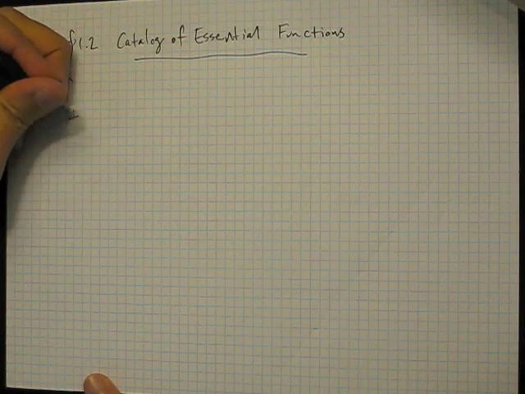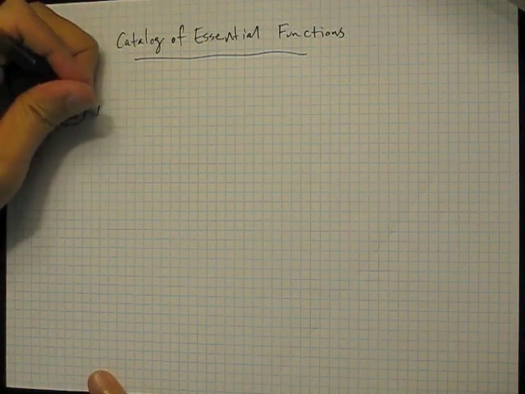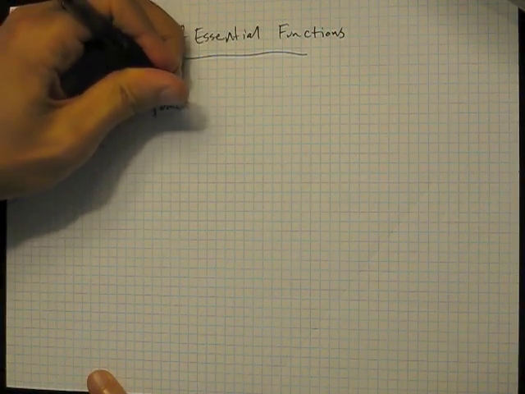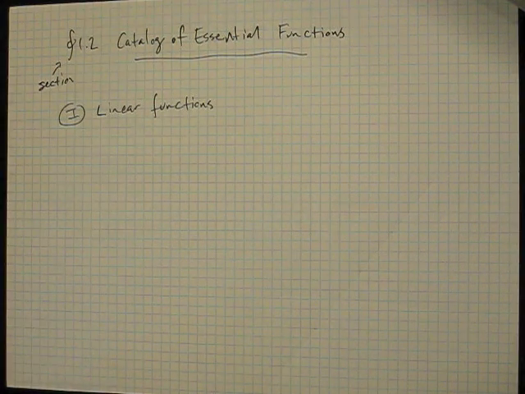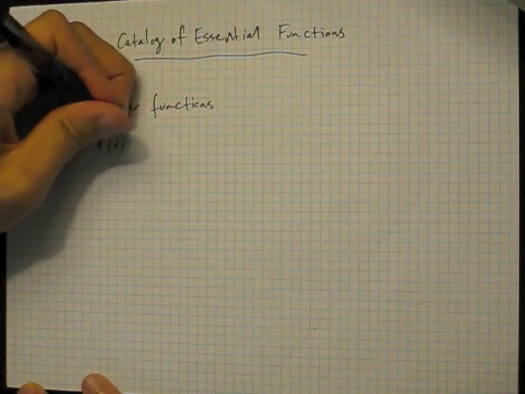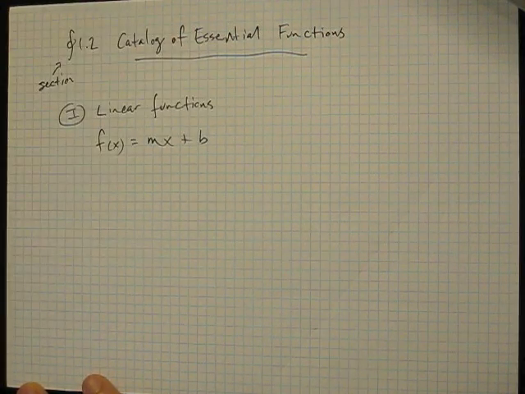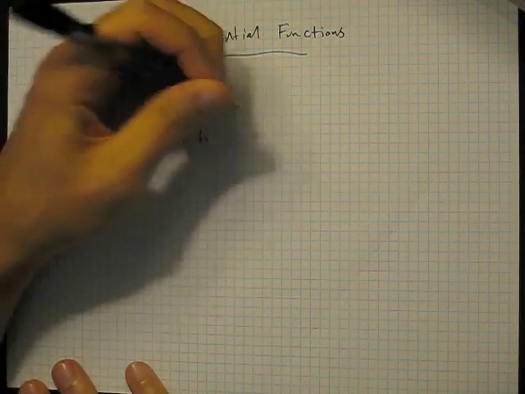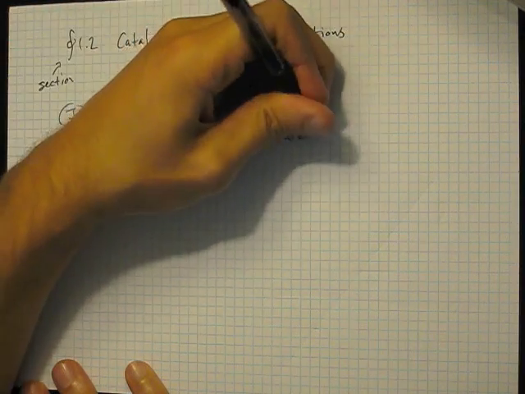And so the very first type of essential function are linear functions. Now, I have no doubt that you all have seen linear functions before in the past. They look really simple. You take your input value and you multiply it by a number, and then you add another number. So that is m and b. These are just real numbers.